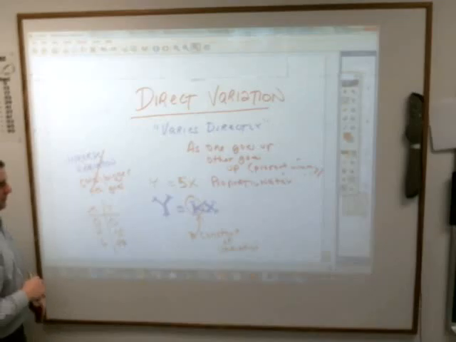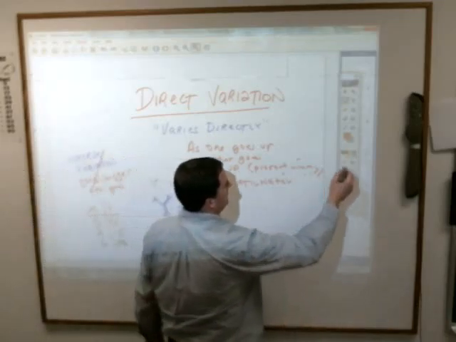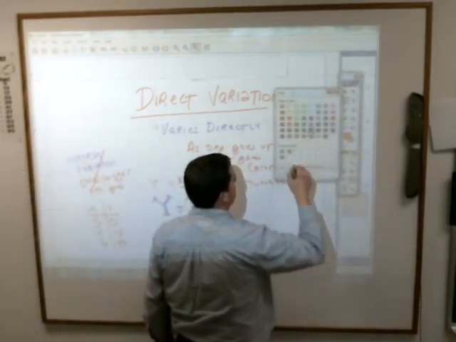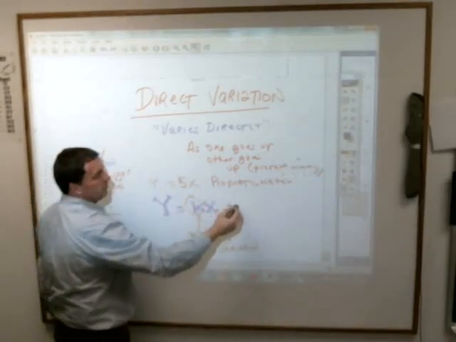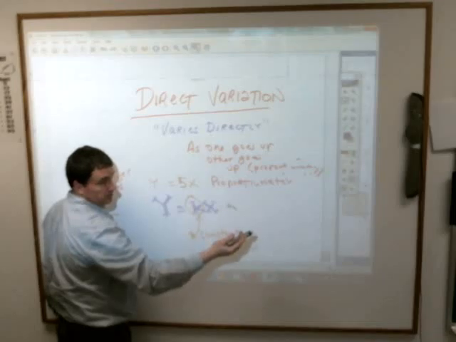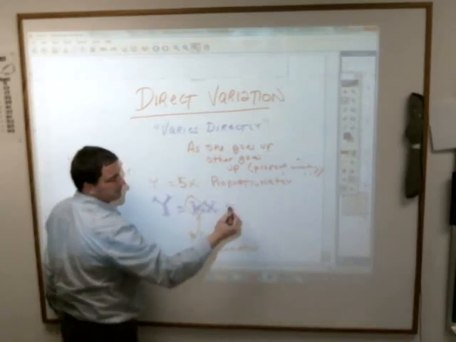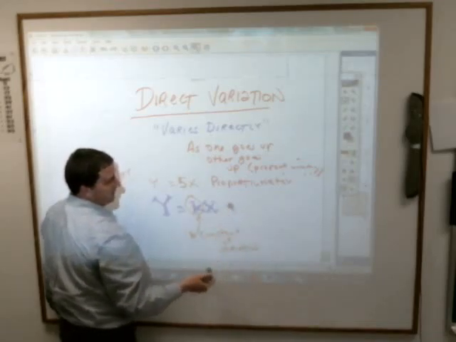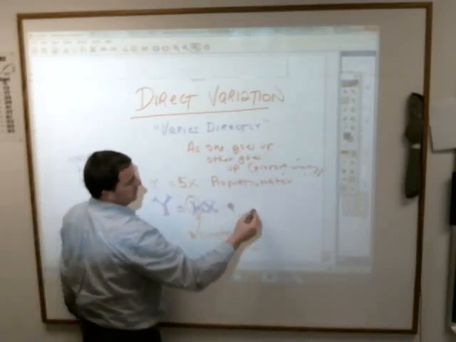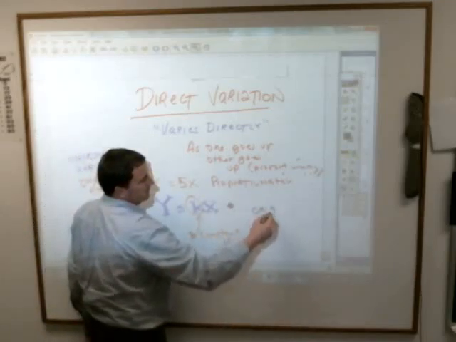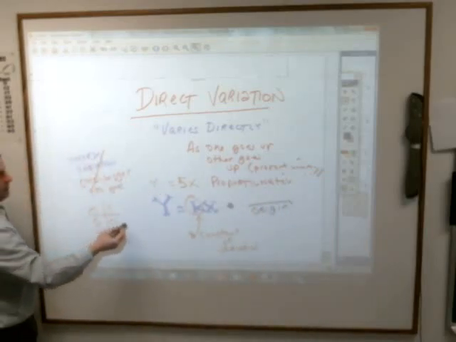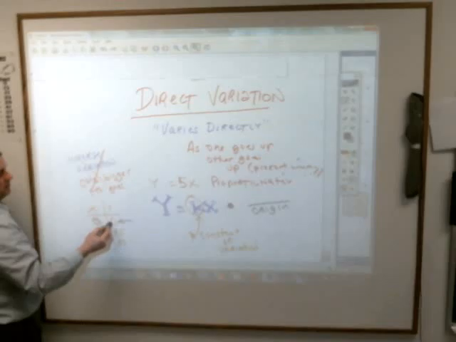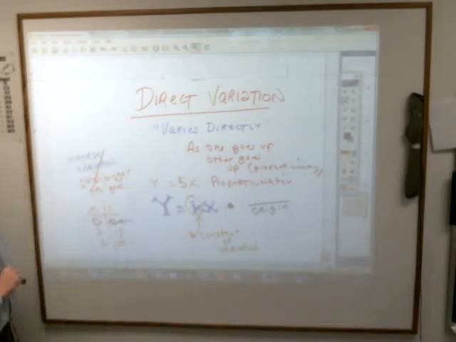The other thing, before I lose you completely: when you talk about direct variation, you can never have a plus or minus like in a linear equation. You can't have +3, because direct variation has to start at the origin if you're graphing it. It's like proportion: when one is 0, the other has to be 0.